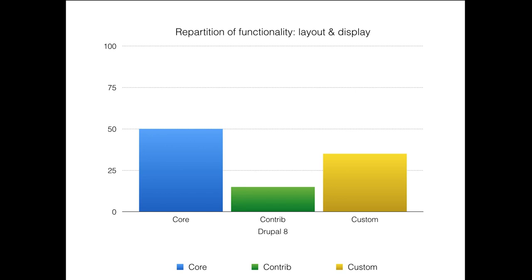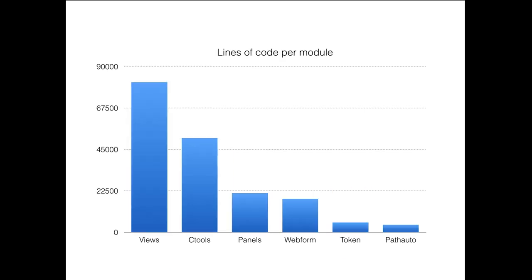So just to give you an idea of the amount of work that is needed for all of these key modules, I show lines of code per module. This is not an absolute measure of the amount of work that went into a module, but it's a rough approximation.